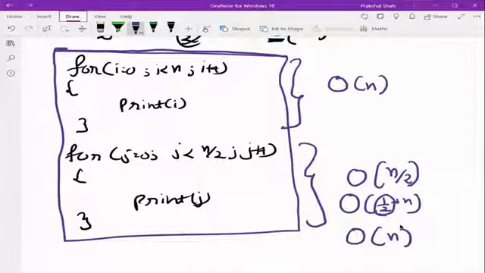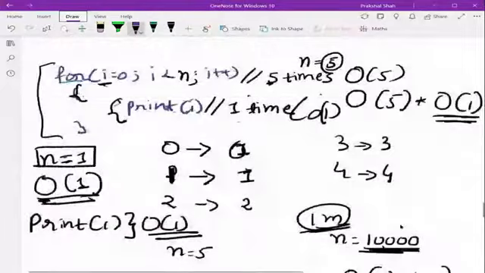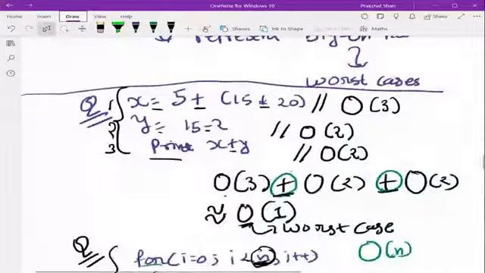Right? I already told you that this for and this for are not nested, they are sequential. I mean, after this is executed, then the next one executes, right? If it's sequential, then how did we do it? See here, it was sequential, right? So what did we do, multiply or add our complexities?